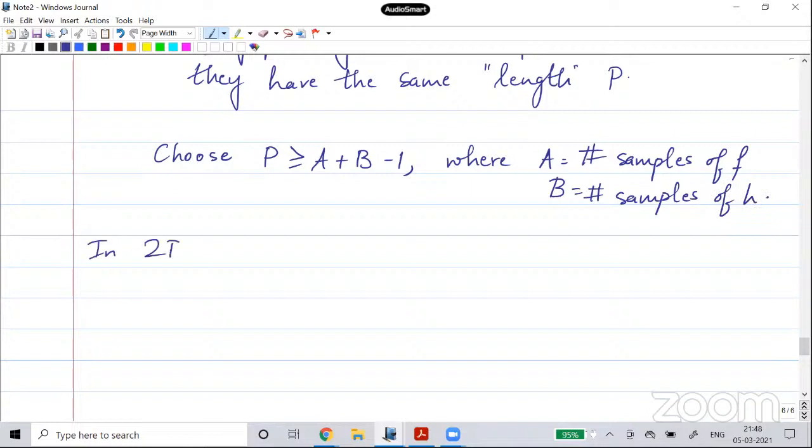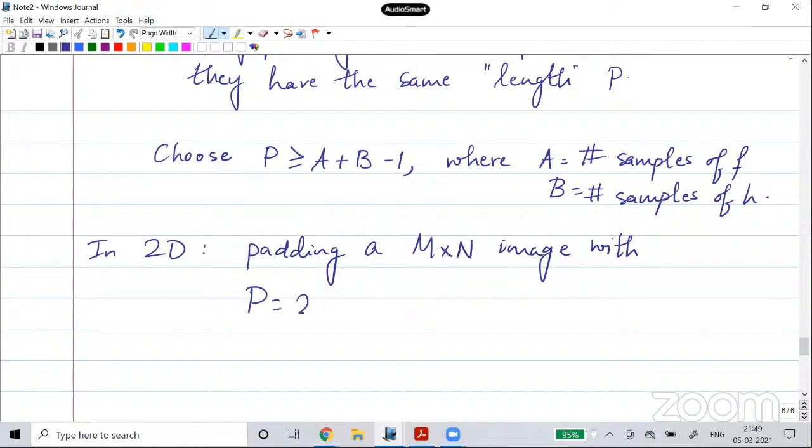In two dimensions, the same thing can be carried over. Padding an M cross N image with P equal to twice M and Q equal to twice N zeros takes care of the wraparound error.